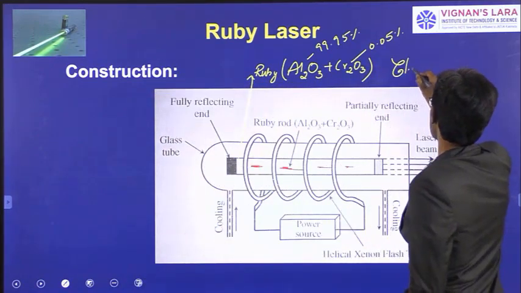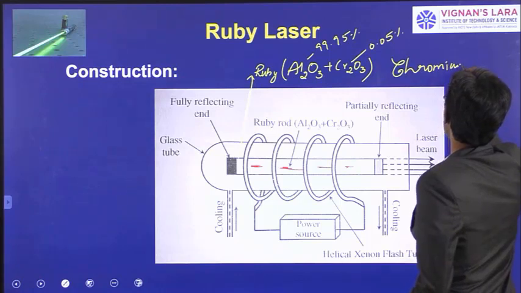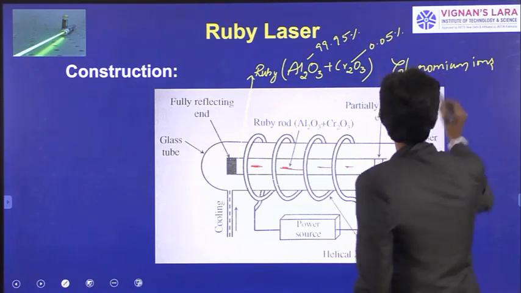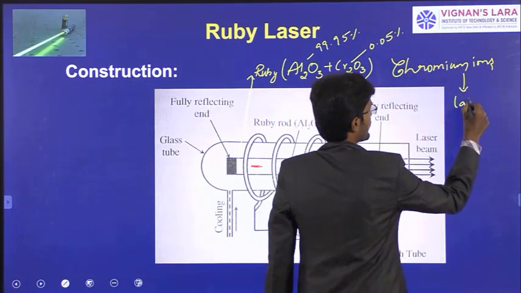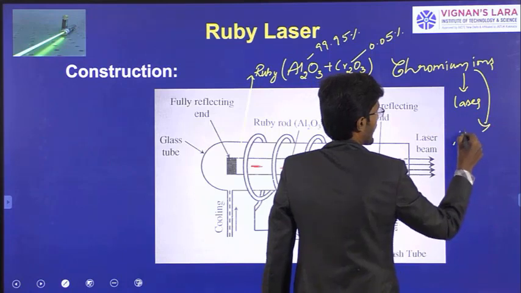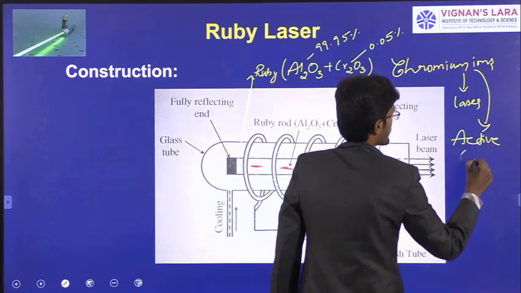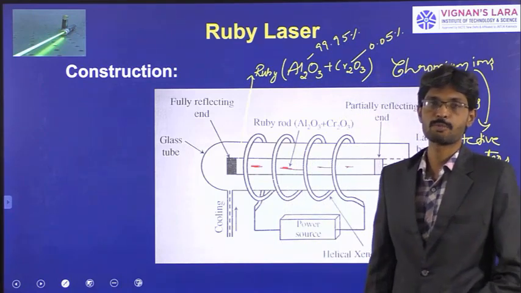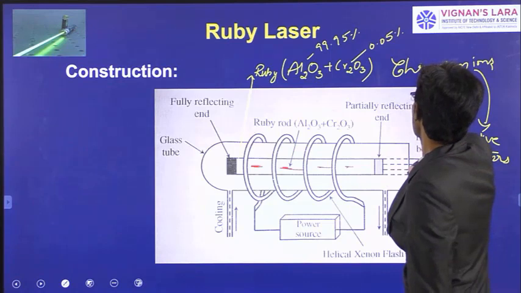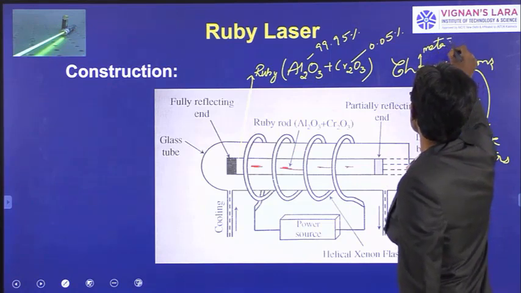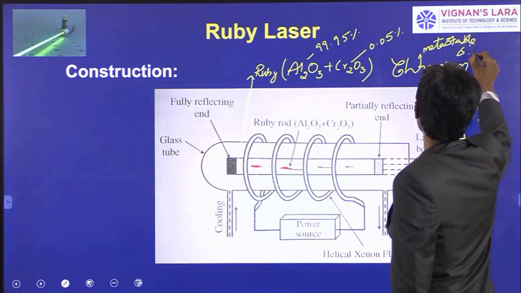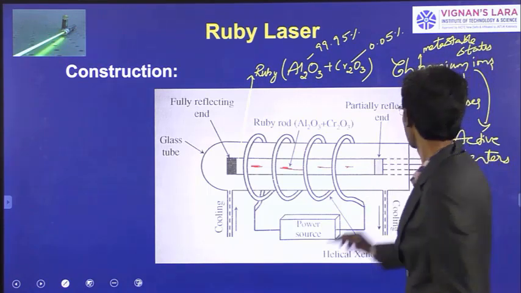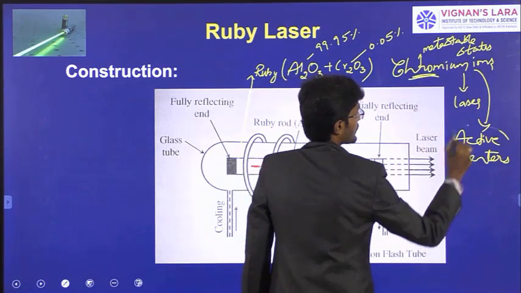Therefore they are called active centers. The chromium ions are responsible for the production of laser because the chromium ions contain metastable states.